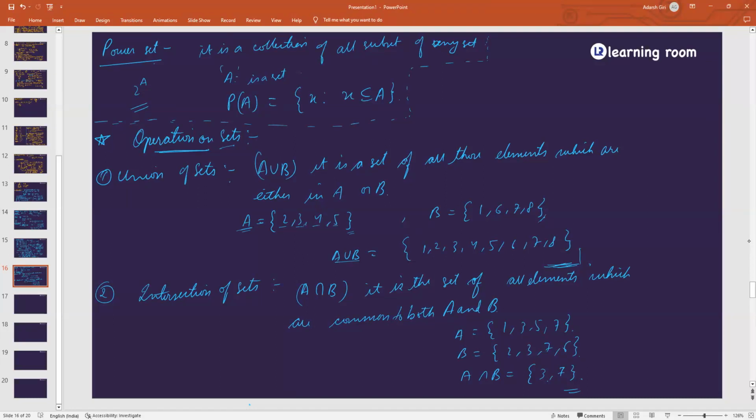So this is intersection of sets. You write this, then we'll move on to the next page. Sir, so in union of sets, we write both set A and set B together, and in intersection of sets, we write the common terms in both set A and set B. Yeah, exactly.